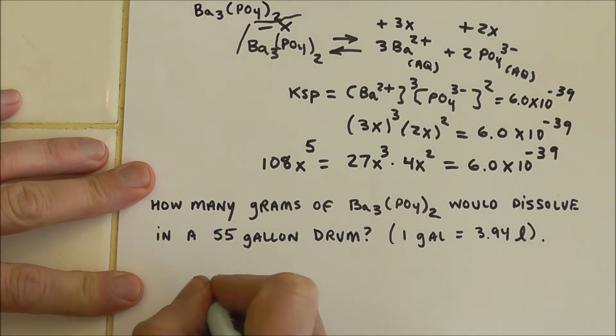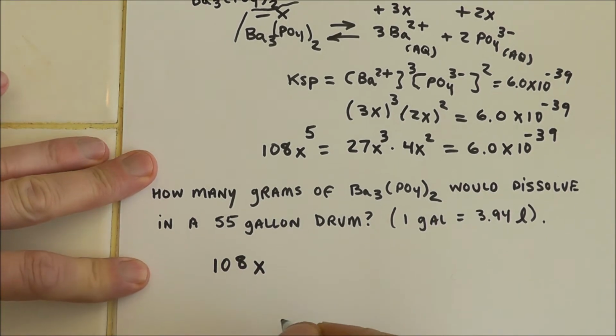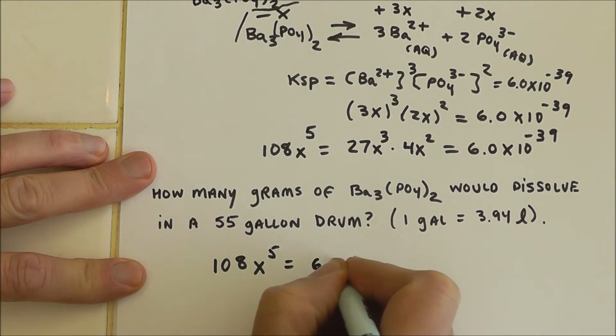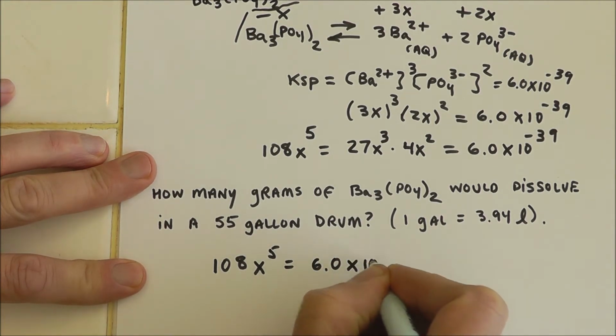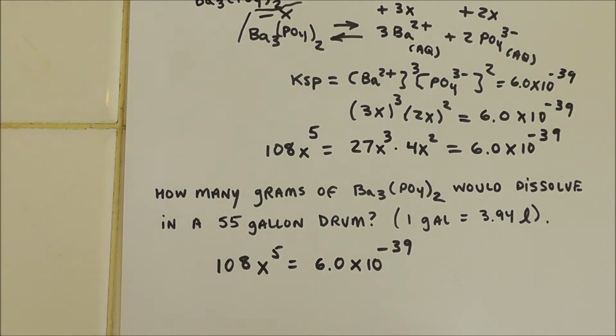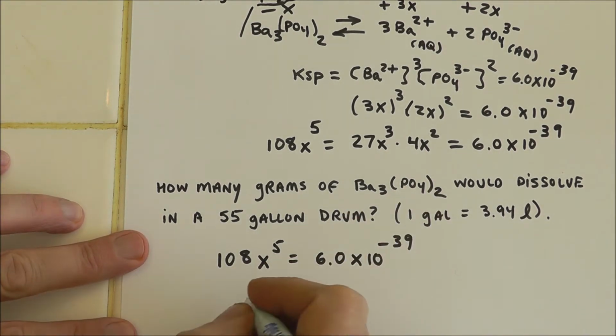All right. 108x to the 5th power is 6.0 times 10 to the minus 39. So let's go ahead and divide both sides by 108. So 6.0 times 10 to the minus 39 divided by 108 equals 5.555 repeating.